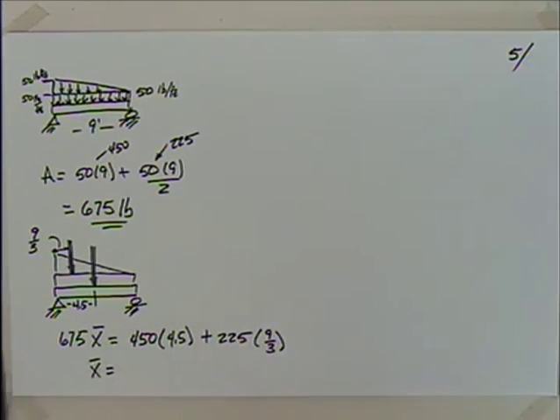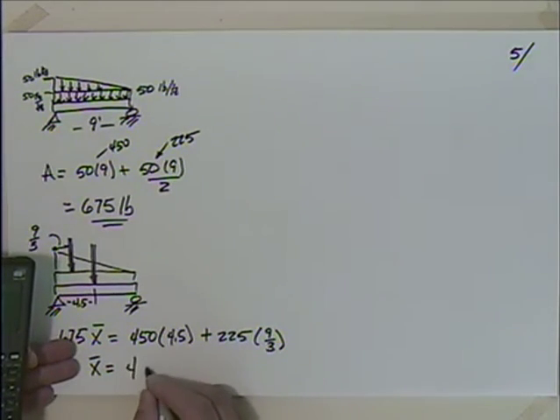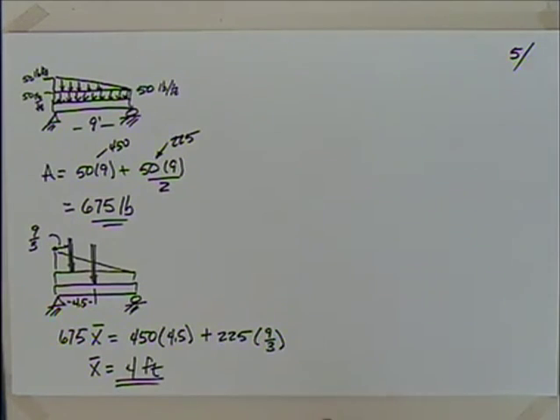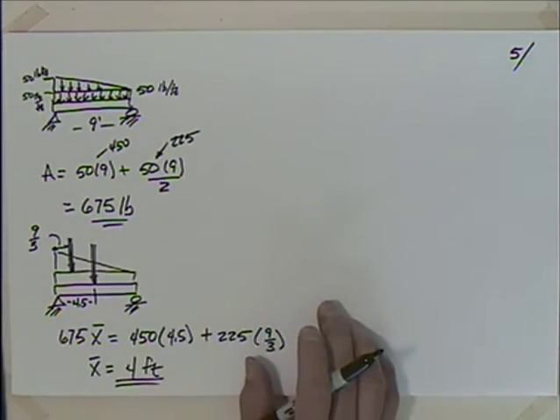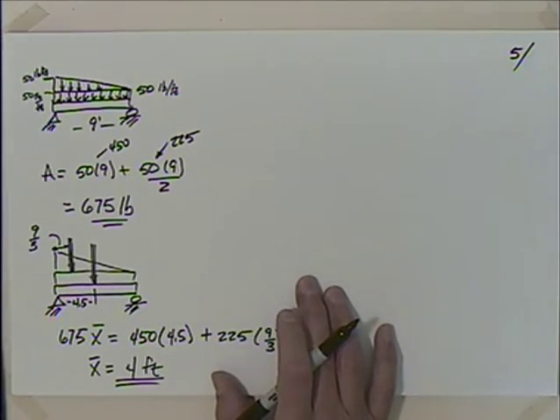I take this and divide by 675, and what do I come up with? 4. Okay. So that's when you're out in practice, that's what you're probably going to do if you've got some standard shapes.